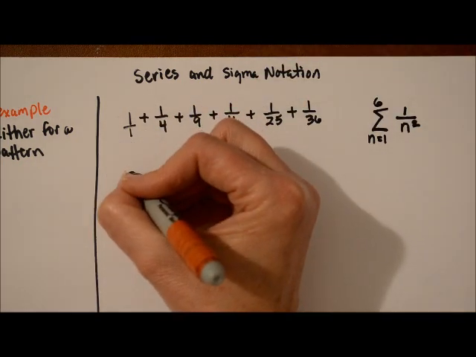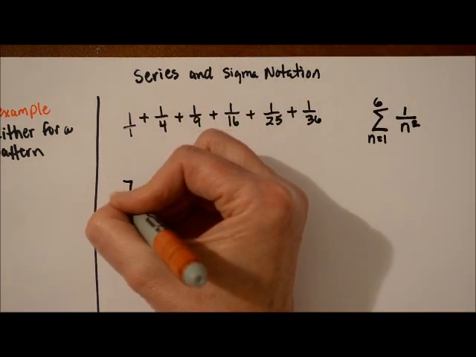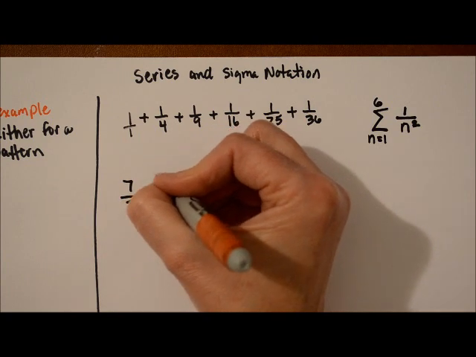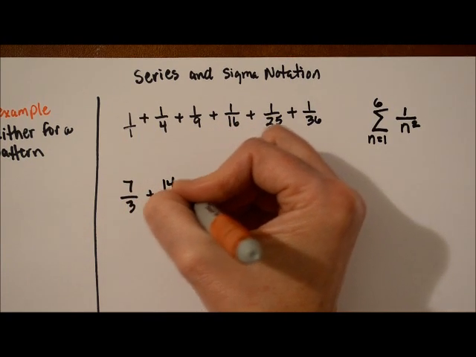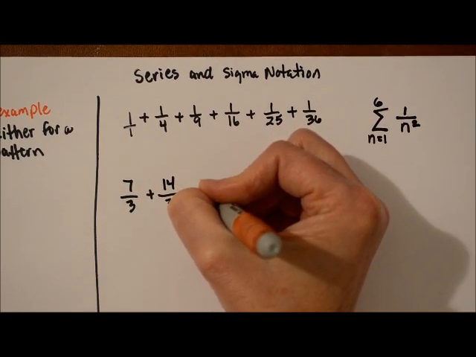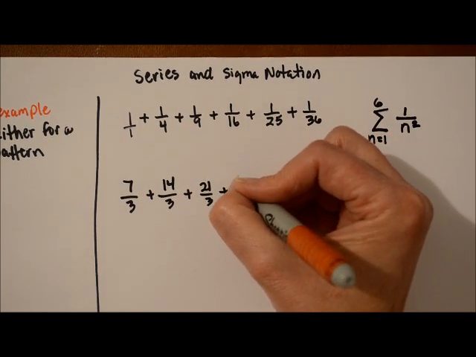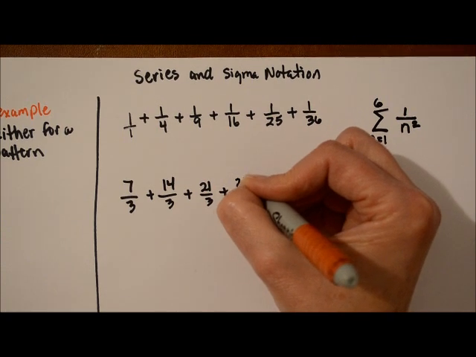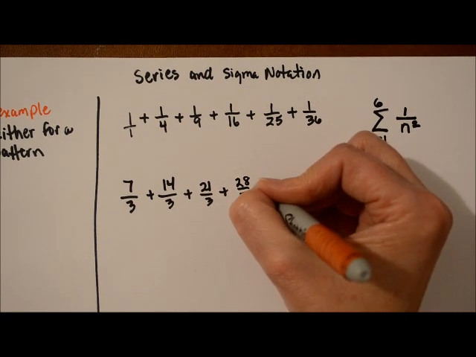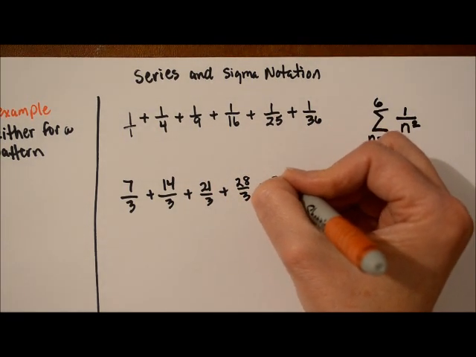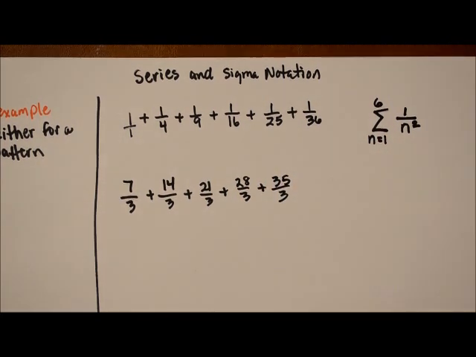Alright, how about this one? 7/3 plus 14/3 plus 21/3 plus 28/3 plus 35/3. What do you think about that one?